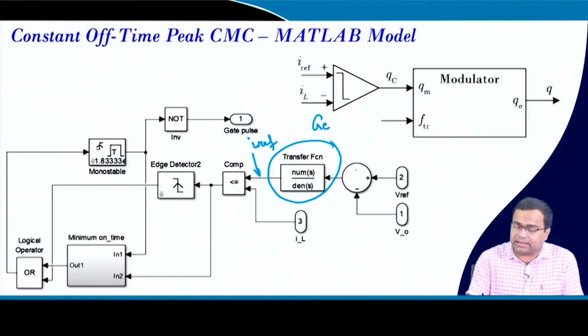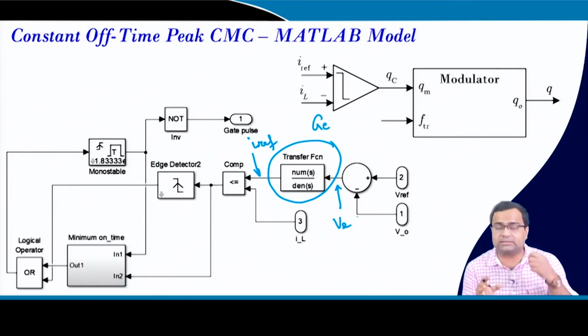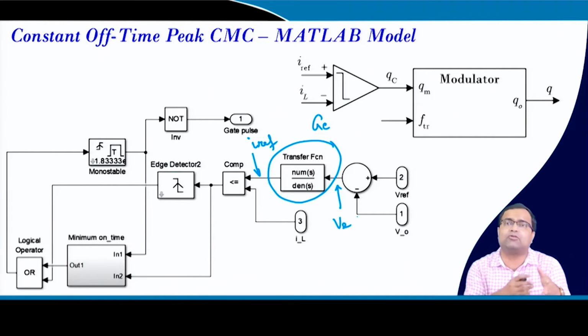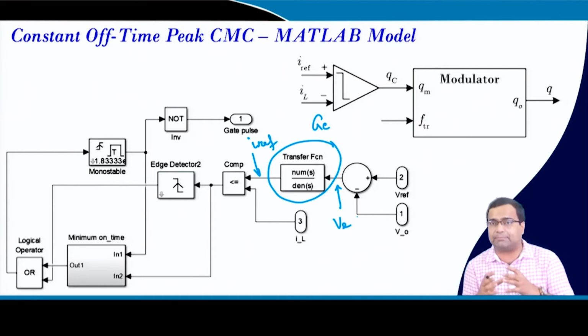Here this is our error voltage, and we will see soon that such a technique does not require any ramp compensation, because the current loop is inherently stable for the entire duty ratio range. Unlike peak current mode control that we are familiar with, where the current loop becomes unstable when the duty ratio goes beyond 0.5, in fact it can be unstable even lower than 0.5 if the controller gain is high, and then we need to add a ramp.